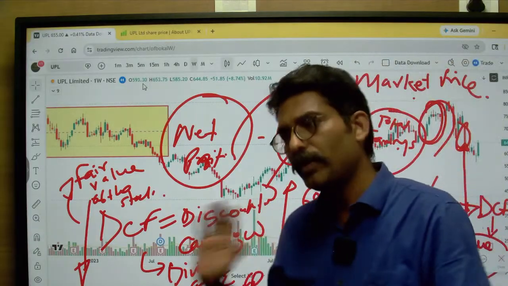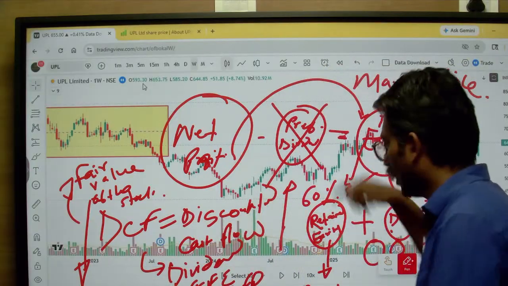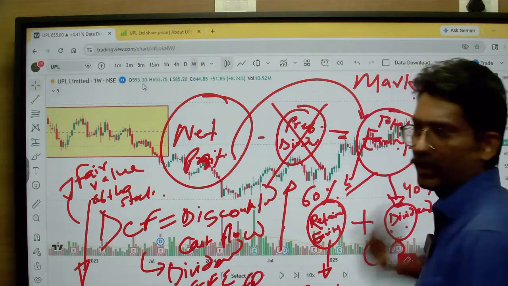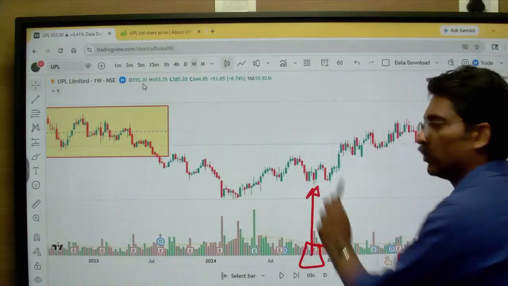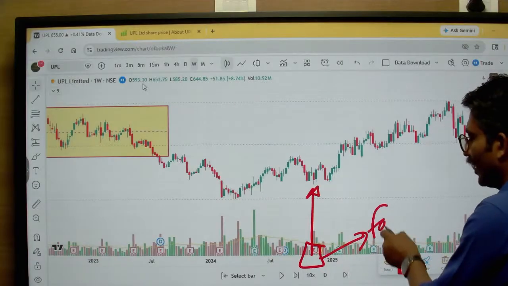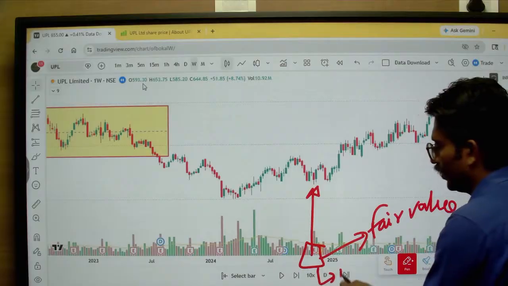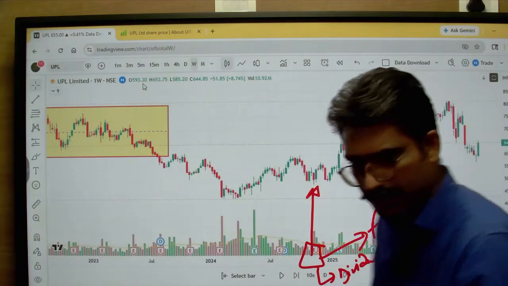Sooner or later, it may not happen on a day-to-day basis, but sooner or later, if the earning goes down, the fair value of the company will go down, and hence the market price will also. That is why I say that this has an impact on this, because this is used to calculate your fair value from a concept which is known as dividend. Dividend is paid from the earnings. Now it is clear, the linkages are clear.